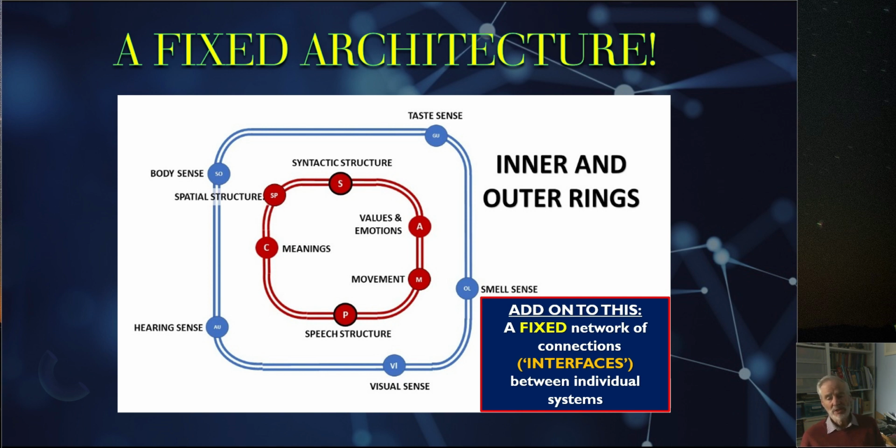And these interfaces are like pathways which stretch between one particular station and another, or between one station and several others. And these allow associations to be made, the sort that I was just talking about. And that also is fixed. These pathways or these interfaces between systems form their own fixed network, and these can't change. You can't create a new pathway.